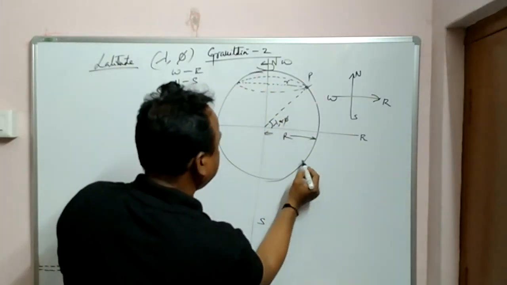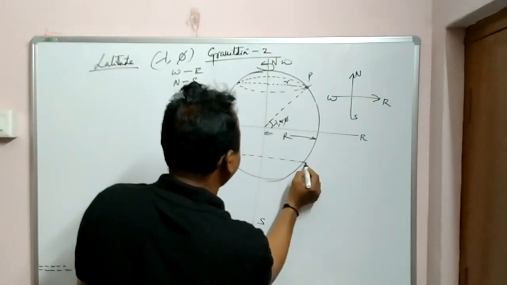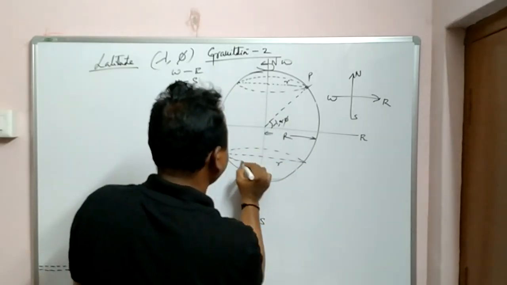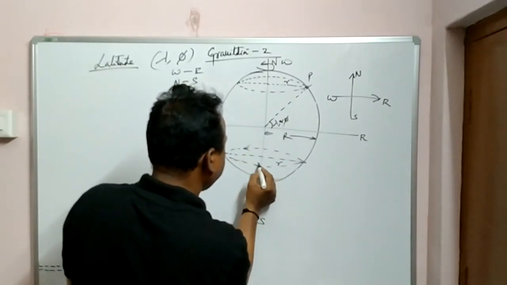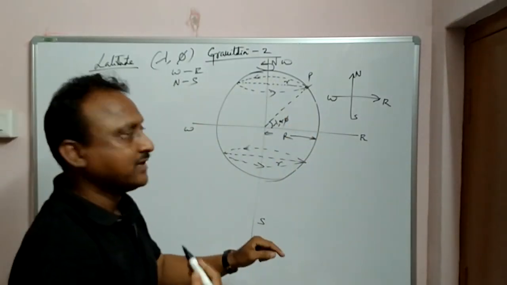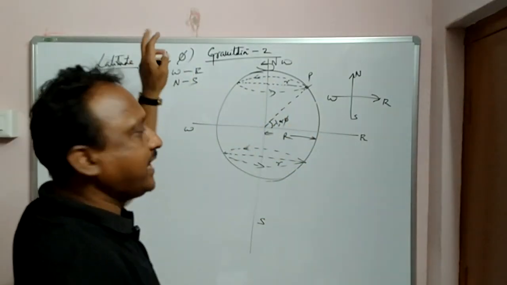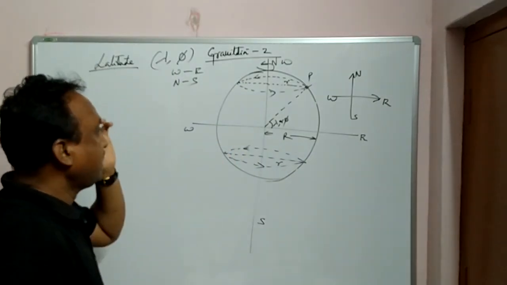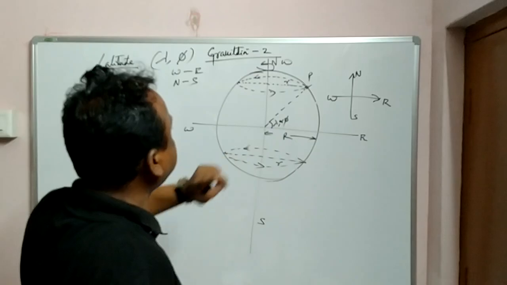In the same way you can take one more point with the same radius r. This is the rotation of the earth, from west to east. What we have to do is find the value of g, how it is affected due to latitude.